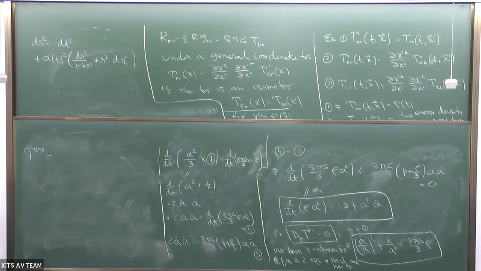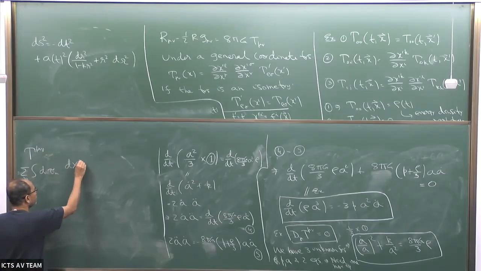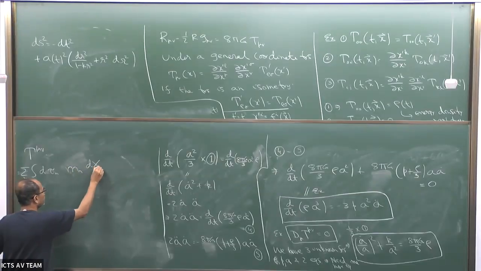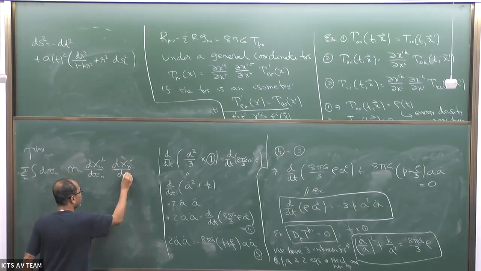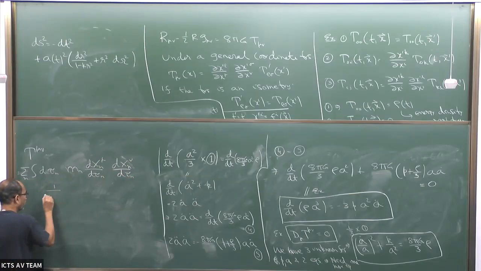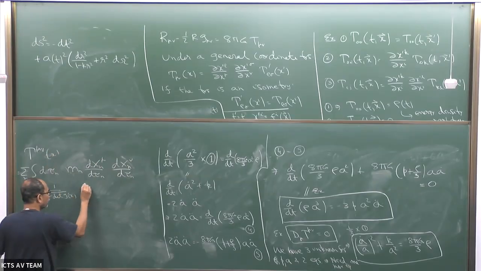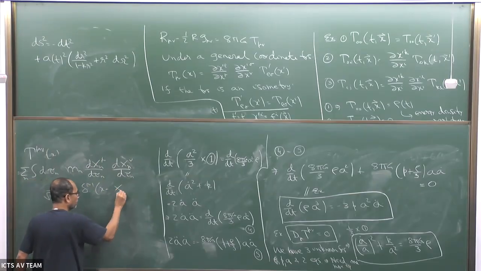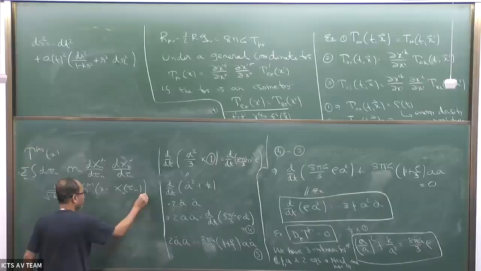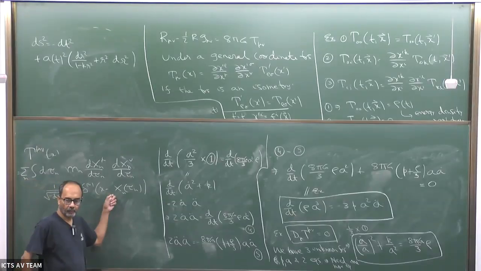This was given by the integral d tau n, the sum over n, m n, one over square root of minus determinant of g, times a four-dimensional delta function, a product of four delta functions.